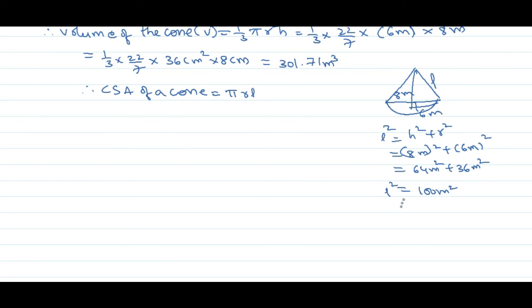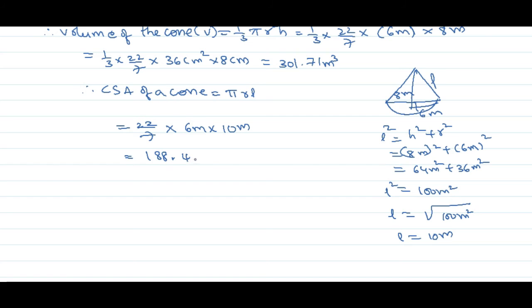Then length is equal to square root of 100 meter square, so slant height is equal to 10 meters. Now substitute the value of l and the radius: 22 by 7 into radius 6 meters into slant height 10 meters. If I simplify, we will get 188.4 meter square.